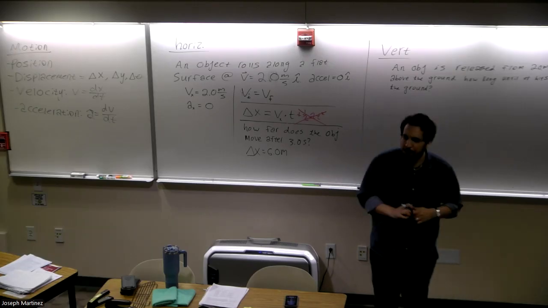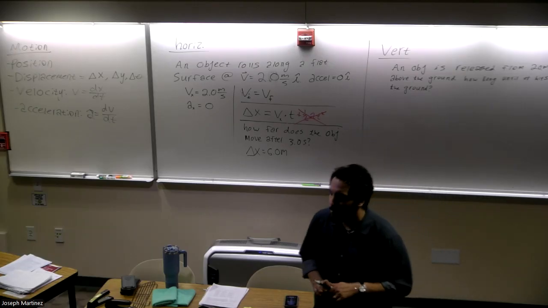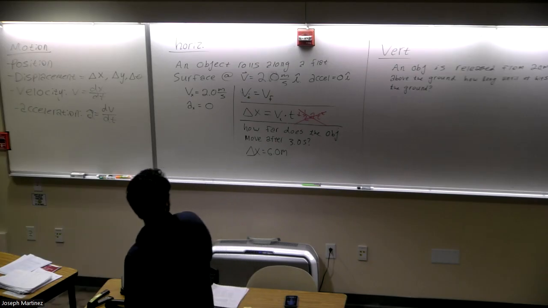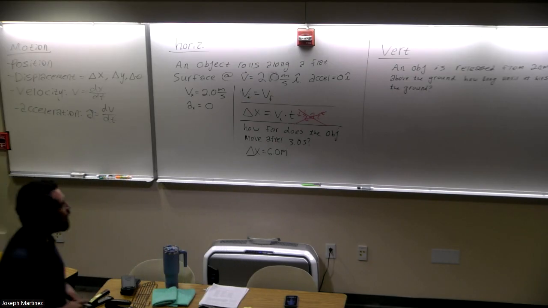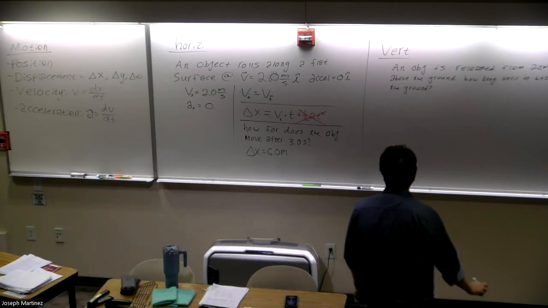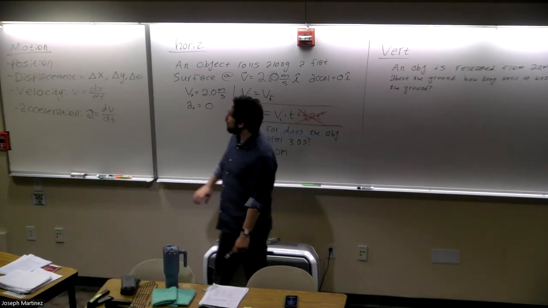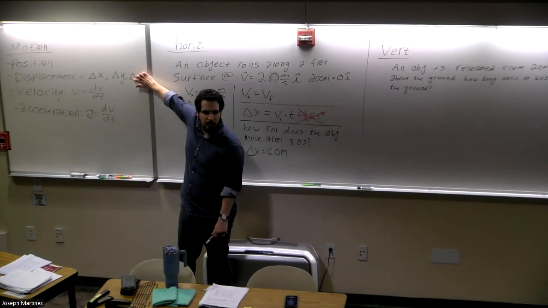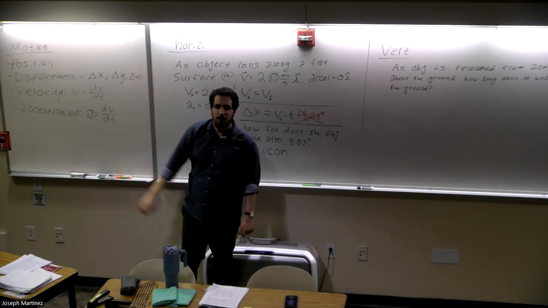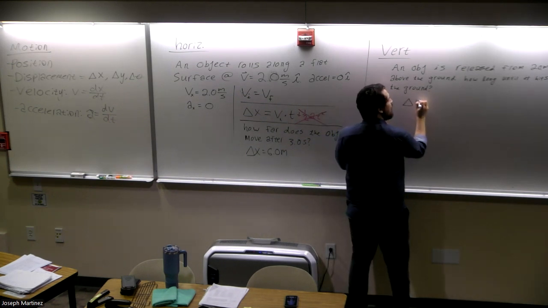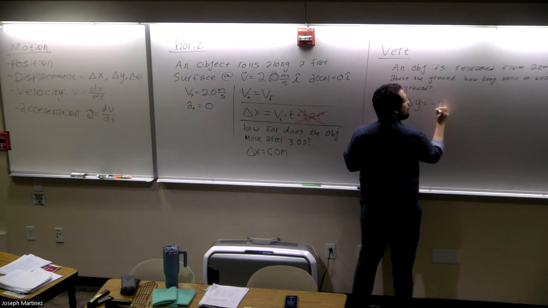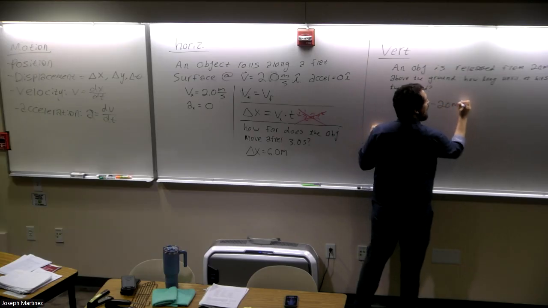All right, so we have this free fall problem. Now, in the free fall problem, we're only given one number. We're only given directly the 20 meters. What is that 20 meters? Well, the 20 meters is how far we have moved. 20 meters is what quantity? Displacement. Our displacement. And specifically, we might say that our displacement delta y is equal to 20 meters in the negative j hat direction.